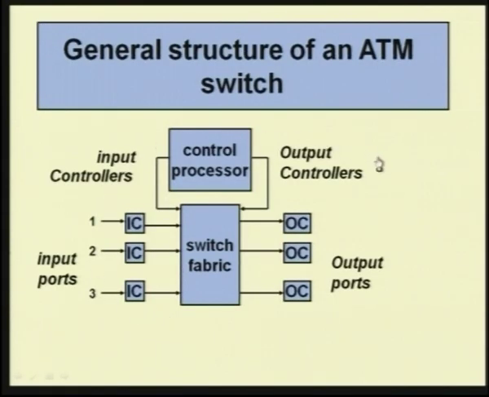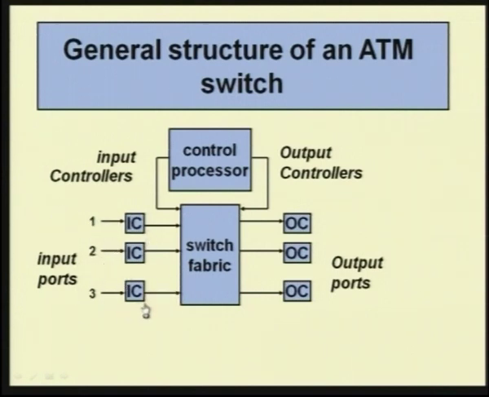Now, if you look at what the ATM switch actually looks like, we said that it is constructed as a hardware device. If you look at what goes into a switch, these are the components that you have. You will have data coming in through multiple ports.